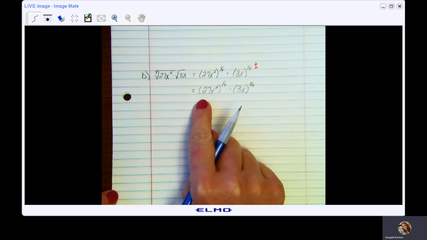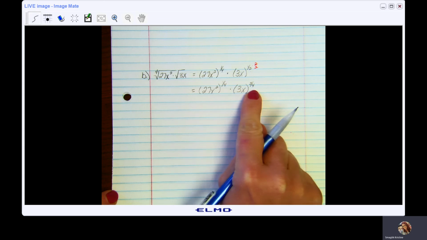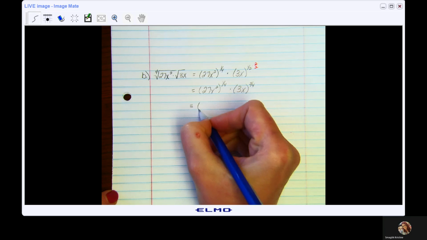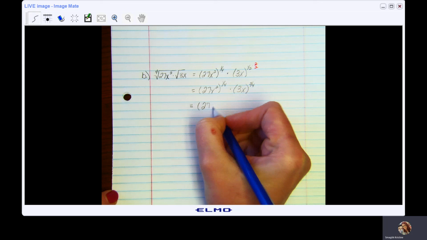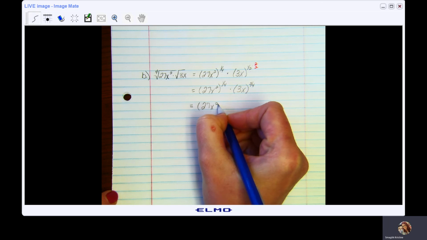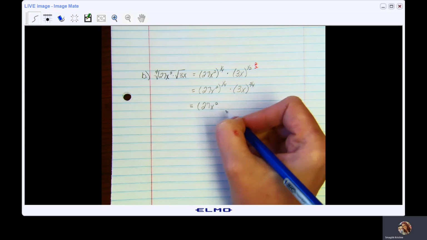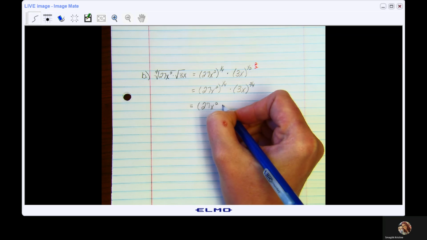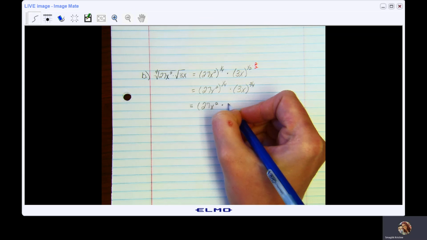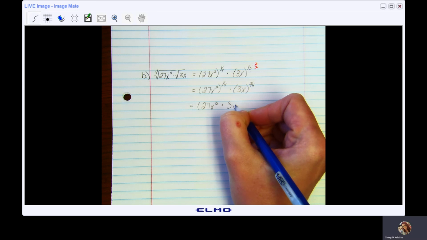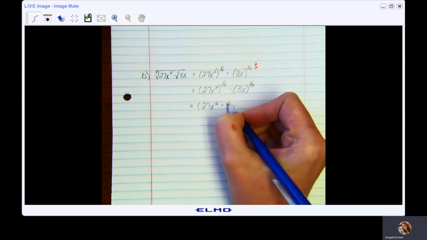So what we're going to do is factor out this 1/4. 27x squared times 3x, I'm going to move that 2 in.